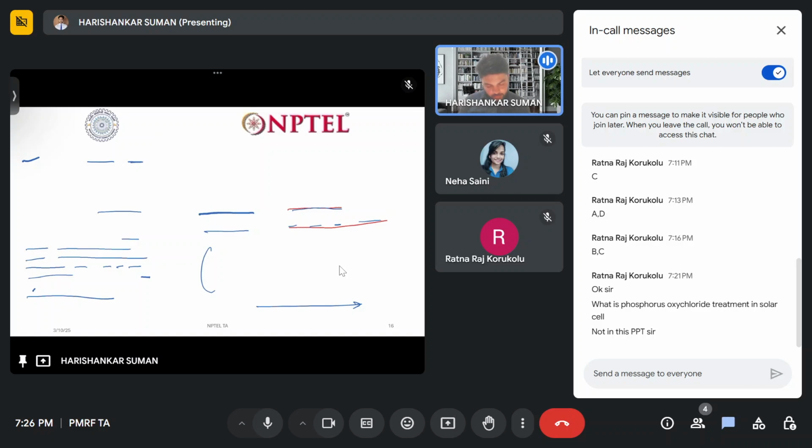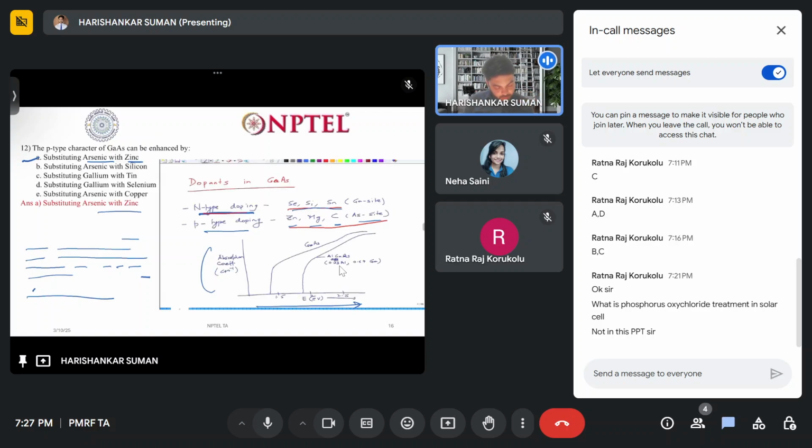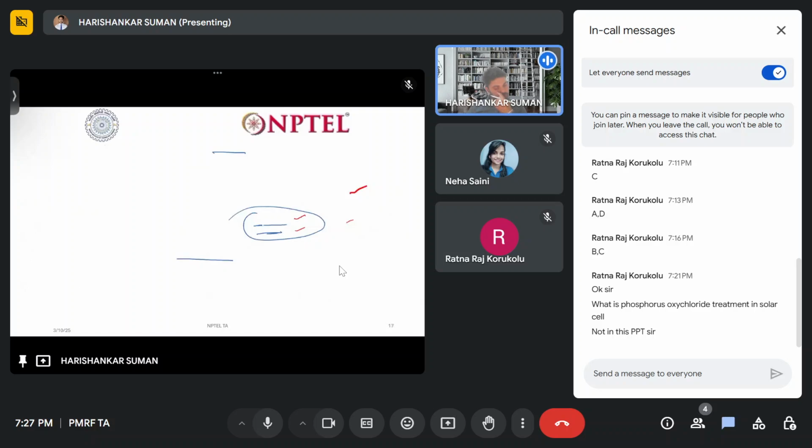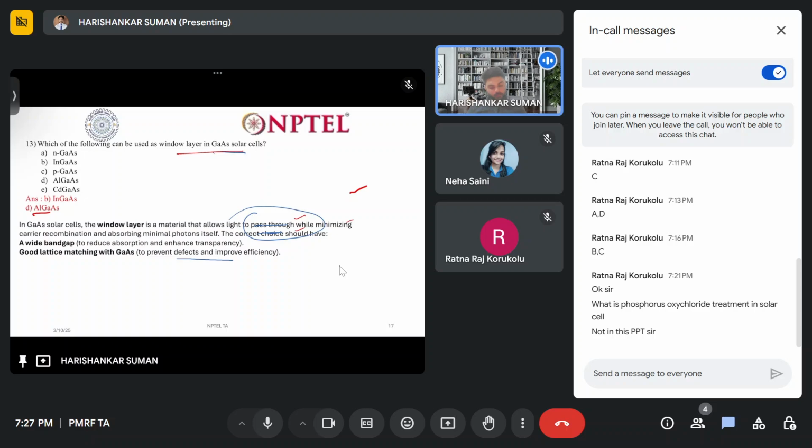Next, the p-type characteristic of gallium arsenide can be enhanced by: so n-type and p-type, you can see these are the dopants we will use. Next, which of the following can be used to passivate a gallium arsenide solar cell? Indium and aluminum.